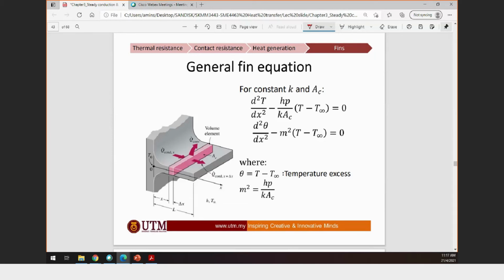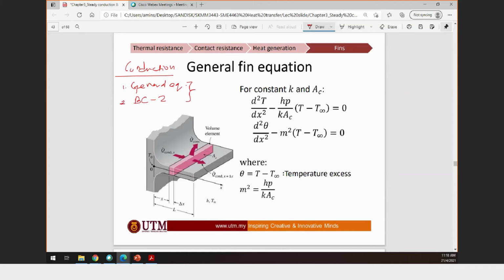So normally in conduction analysis, we have the general equation, and then we need two boundary conditions, two pieces of information.